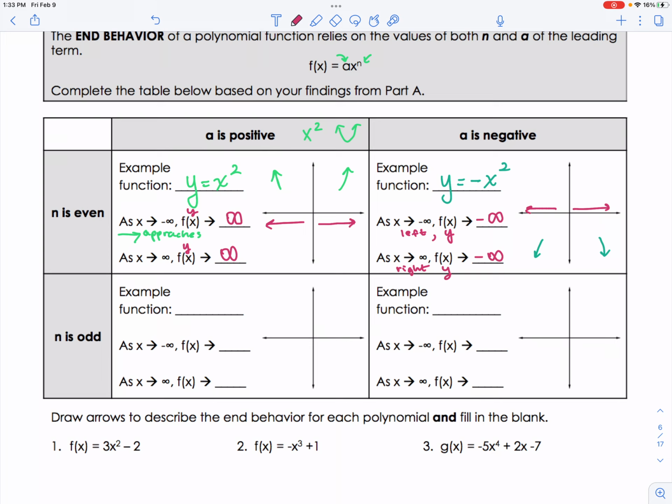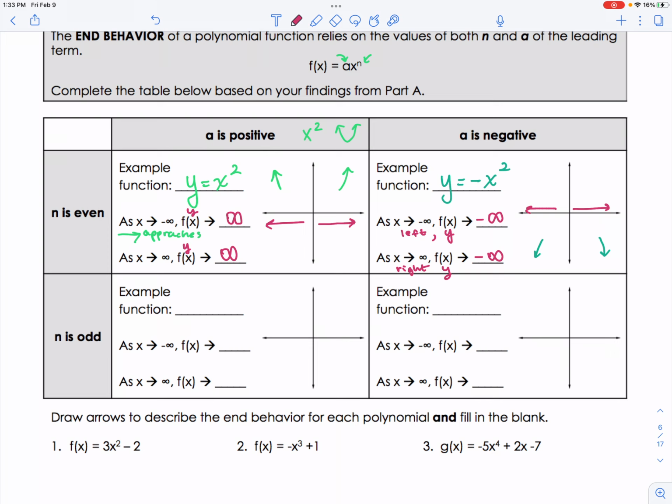But we know that anything with an odd exponent and a positive a is going to give us this type of end behavior. So as my x's approach negative infinity, so as we go to the left, my y values, my f of x, are going down. So as we go to the left, we're going down to negative infinity.